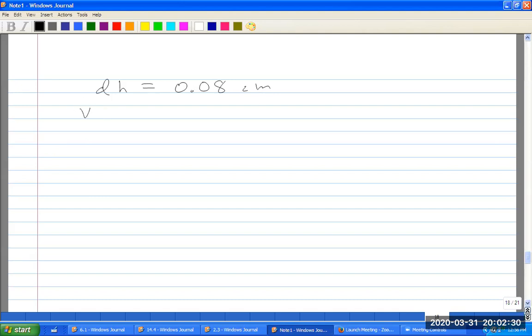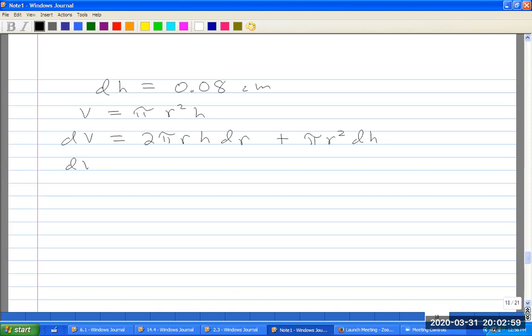So I have V equals pi r squared h. So dV is equal to, the derivative of r squared will give me a 2 pi r h dr. The differential of h will give me a pi r squared dh.